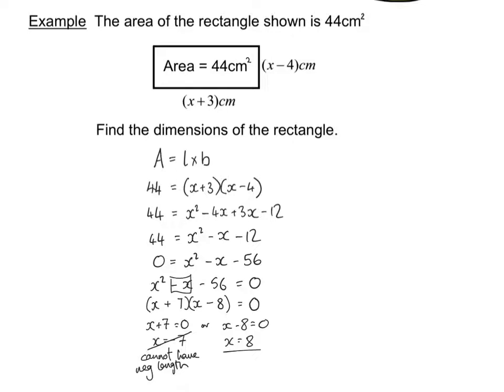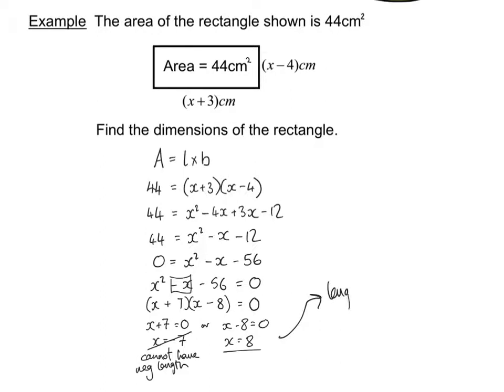Questions in context, remember, quite often we have to answer them in context as well. So looking up at the question here, it does say find the dimensions of the rectangle, not just find the value of x. So if x equals 8, then the length, which is this one here, is 8 plus 3. So I can write that down here.